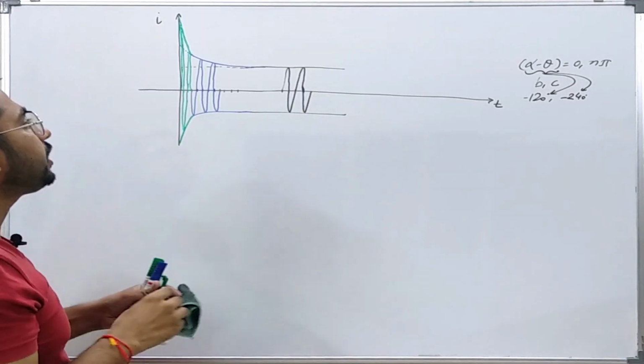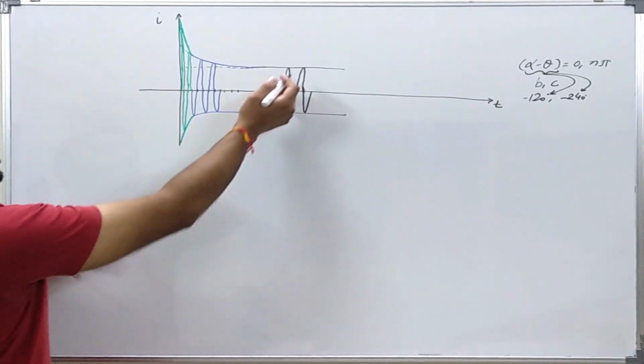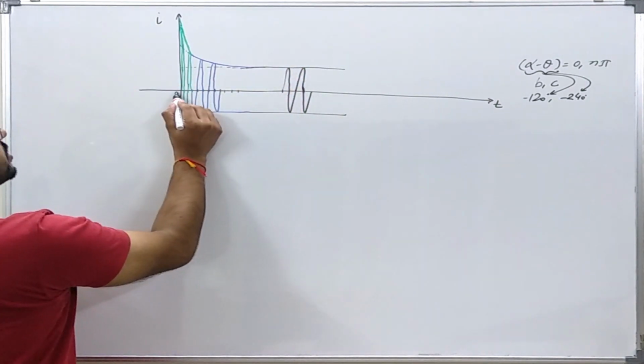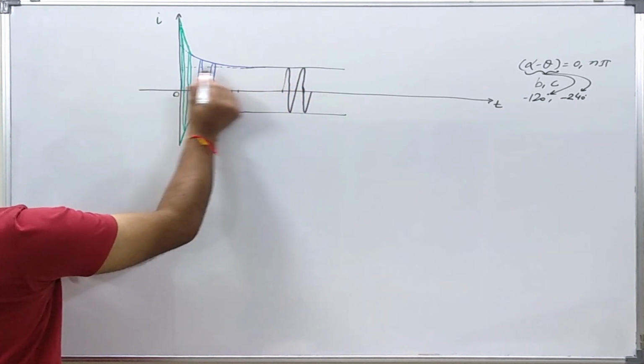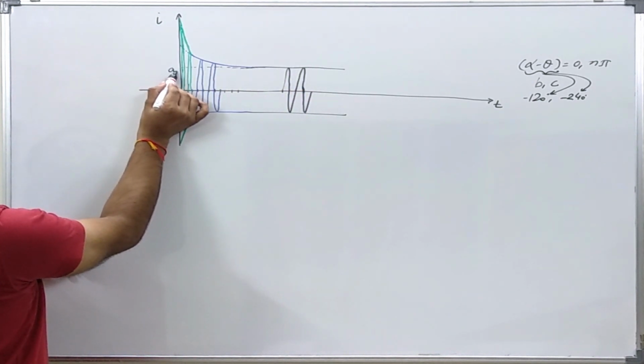Now corresponding to these amplitudes, let us say this is the origin O, and this steady state amplitude let us say is OA.